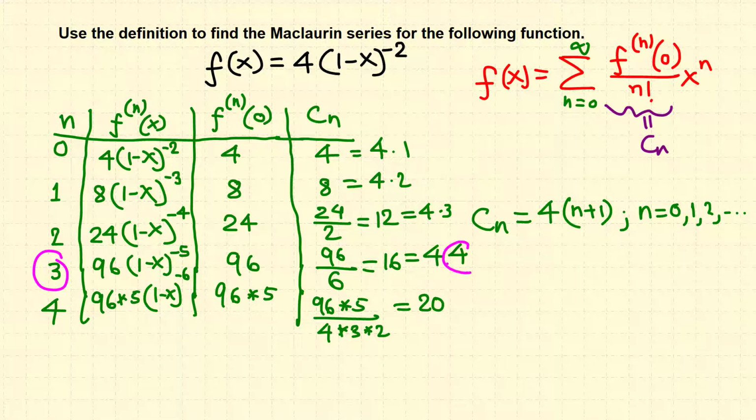This is n, this is n plus 1. We can think 20 is 4 times 5. So n is 4, this is 4 plus 1. So 4(n plus 1) captures everything. We don't have to find everything now. 4(n plus 1). Now we are done.